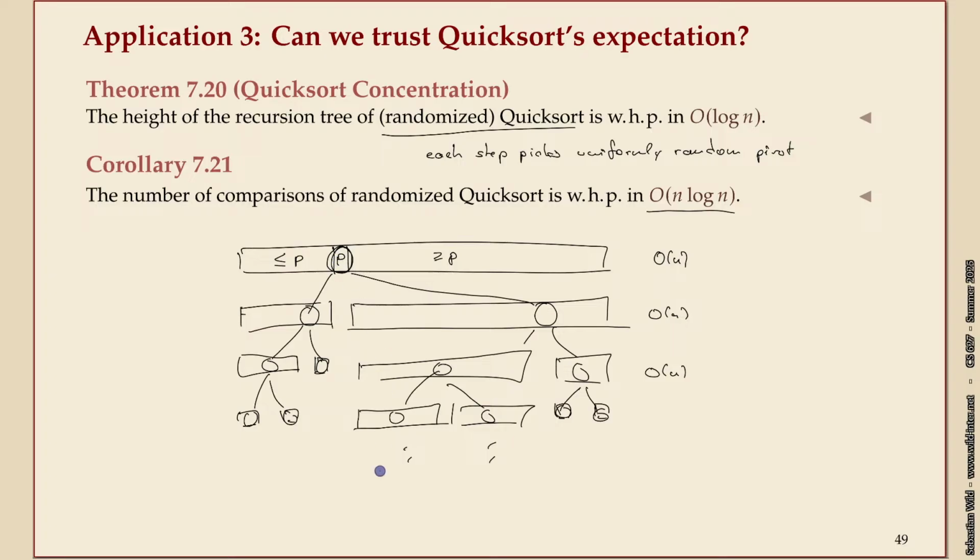Really what you mean is the height of this tree, the longest path from the root to any leaf. So if we show that this is logarithmic, then we have shown that quicksort has order n log n cost, not only in expectation, but with high probability in our strong sense. That's the reason why you'll essentially never see quicksort go quadratic if it's properly randomized.